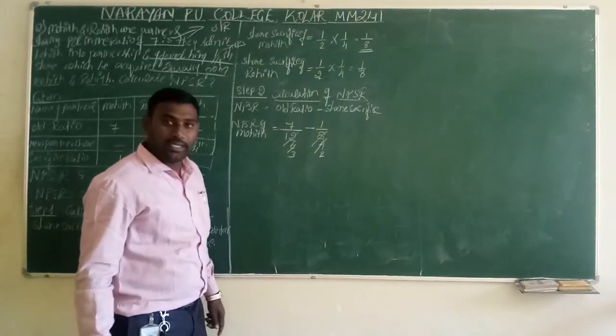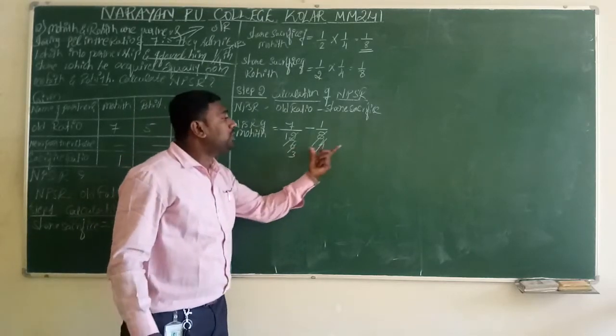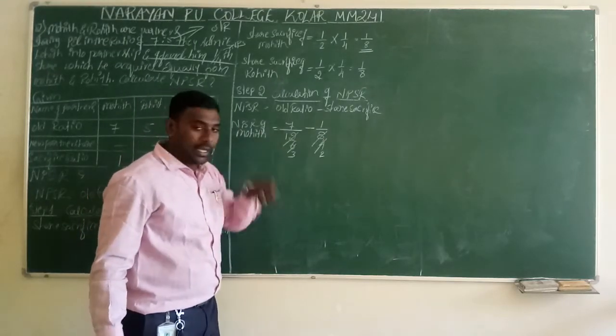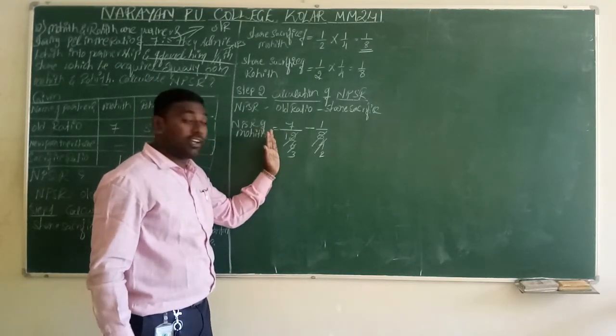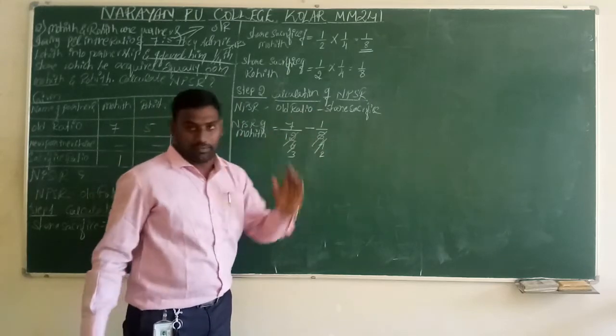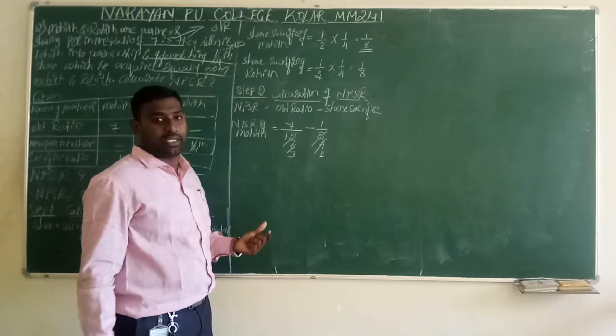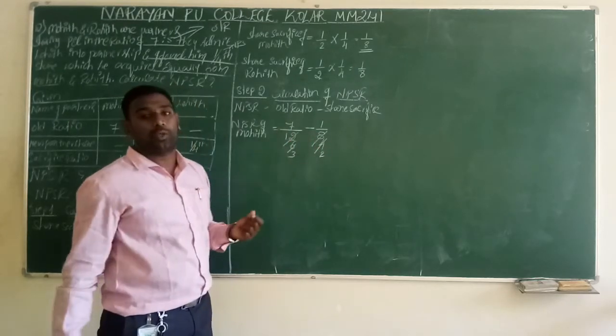Now we will choose a base value. Here 12 is there, here 8 is there. So the left hand side value is higher than the right hand side value.